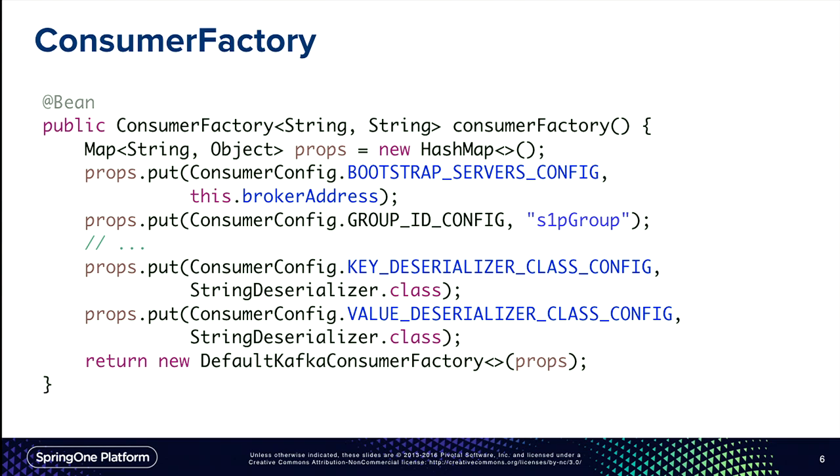And for those not familiar, the group ID there is a way of specifying a consumer group, so that if you have multiple instances of your application, and you use broker-managed partitions, Kafka will spread the partitions across that group, so that you can get guaranteed order delivery within a partition.